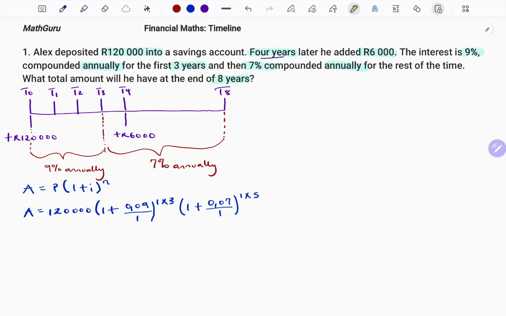Then I move to the next input, and that is the second deposit of 6,000 rand. And because this is a deposit, I'm just going to add that so that I have a plus 6,000 in bracket 1 plus. Now for the 6,000 that came in when the interest had been changed to 7%, so I have that as 0.07.